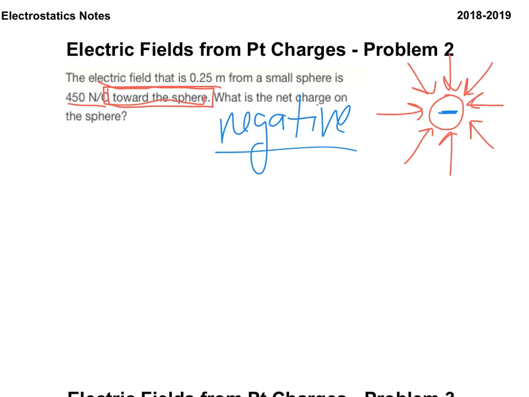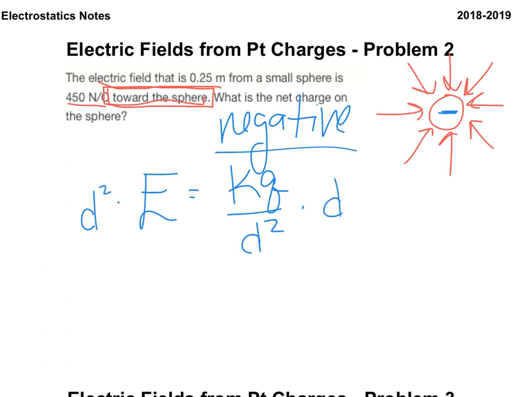What I can do now to solve the numerical quantity is say that my electric field is equal to K times Q all over D squared. I'm trying to solve for Q. I'm trying to find the charge. So the first thing I'm going to do is multiply both sides by D squared. And then I've got D squared times electric field equals KQ.